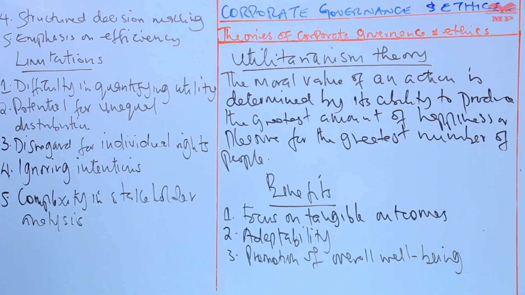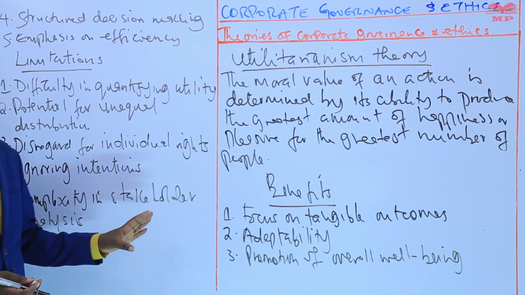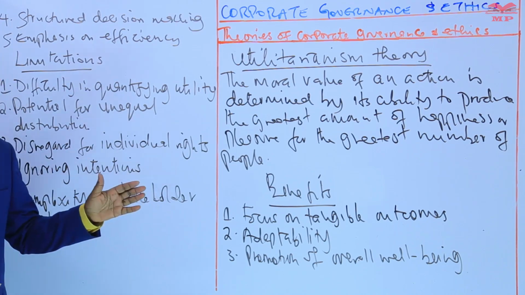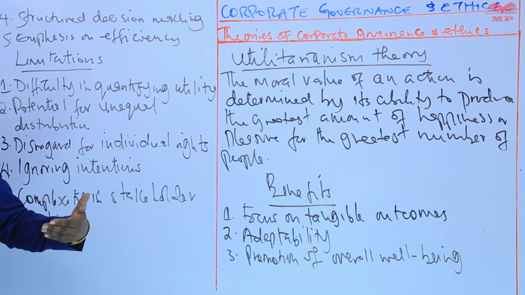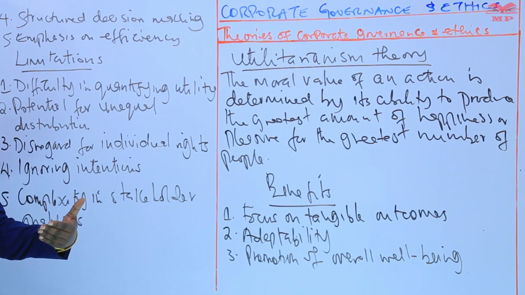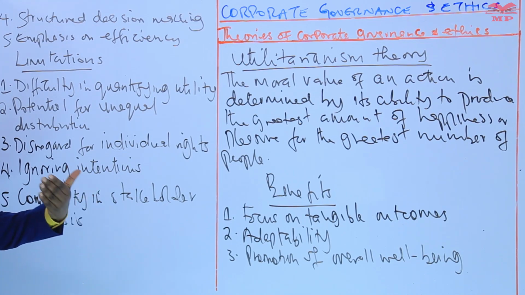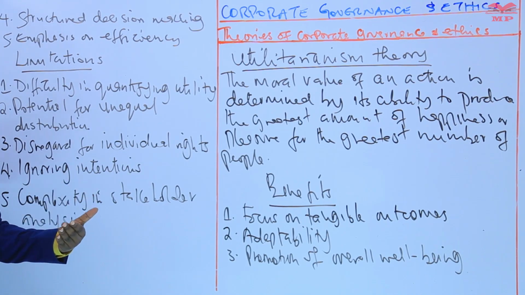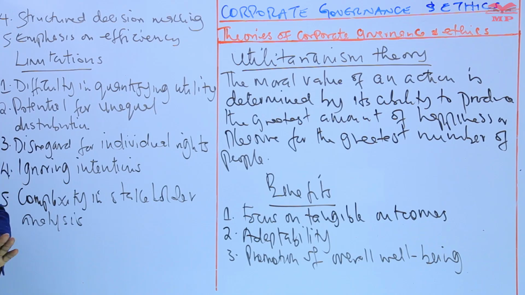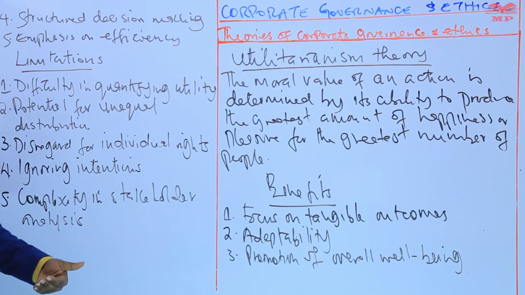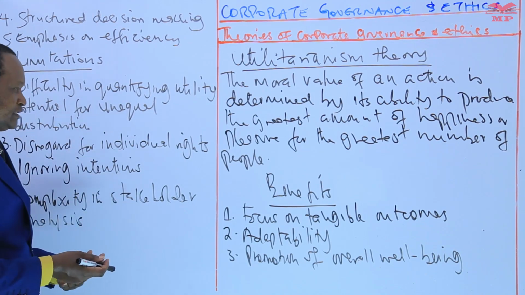This means that this complexity arises when trying to identify and weigh the interests of all stakeholders, which can be complex, it can be time consuming, especially in large organizations with diverse interests, and that can lead to difficulties in accurately assessing the overall impact of a decision on all the relevant parties.